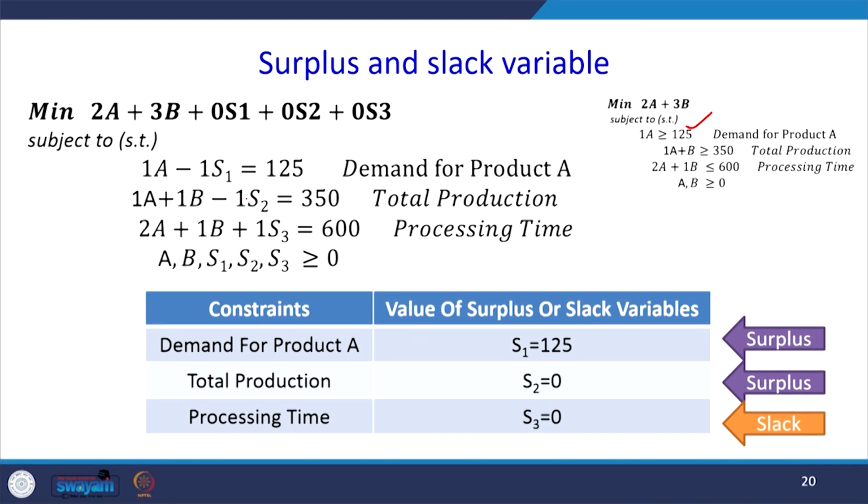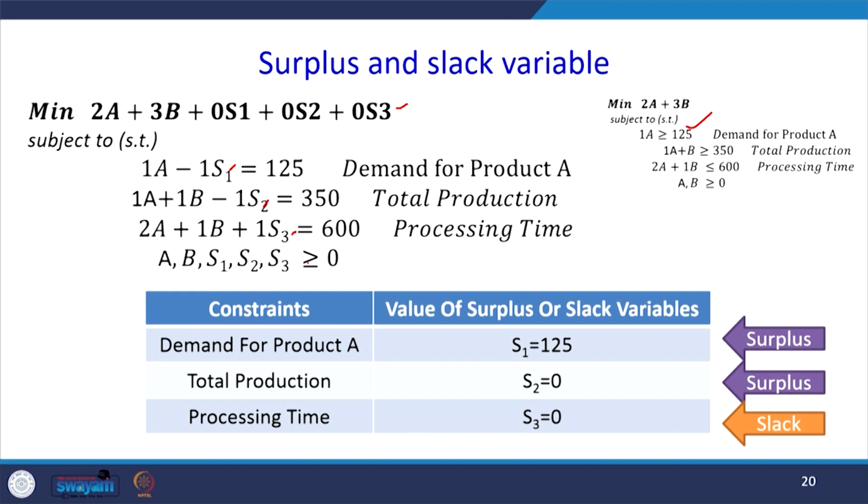We know that the contribution of the surplus and slack variables to the objective function is 0. Since we have introduced two surplus variables and one slack variable, in our objective function also they need to be introduced with 0 coefficient.